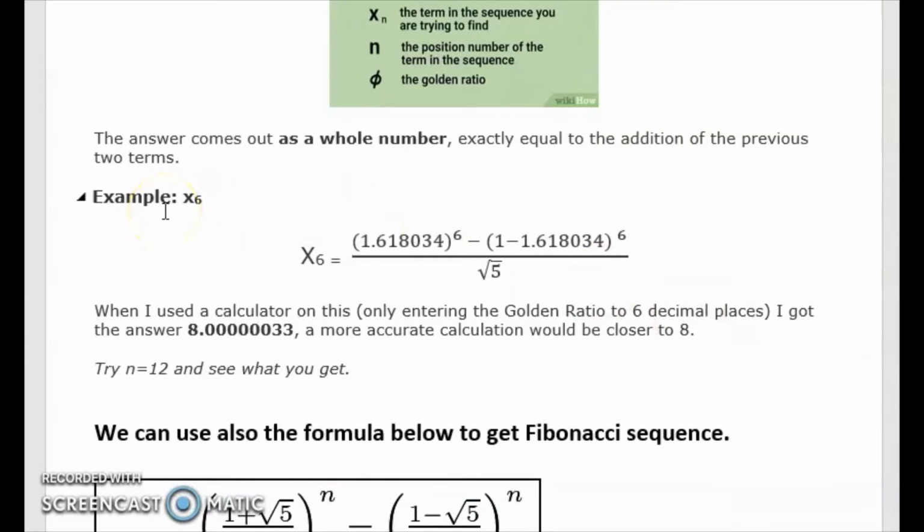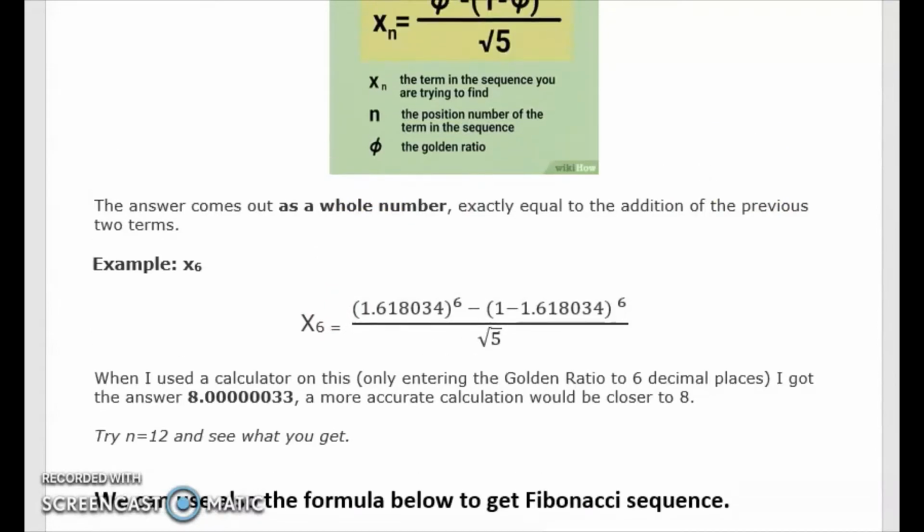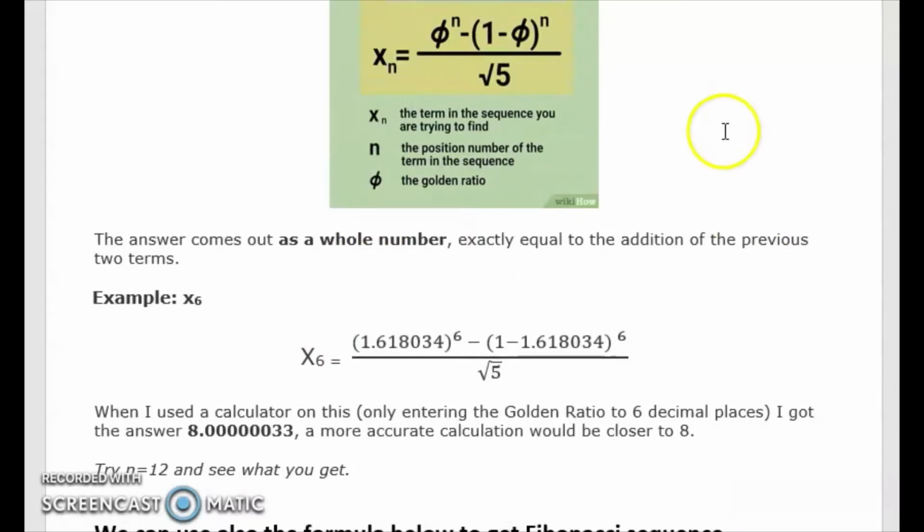Okay, so we have here an example: how to get the sixth term, or x sub 6. By using the formula, we will just substitute the value of the golden ratio. So phi is 1.618034 to the power of 6.